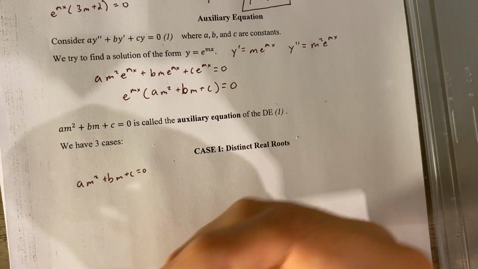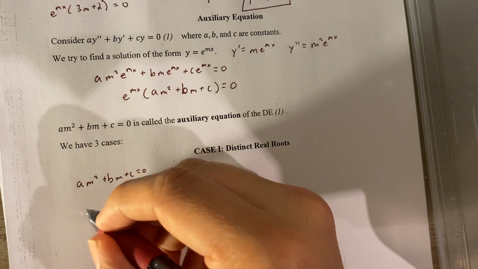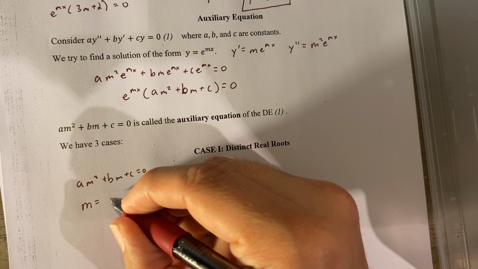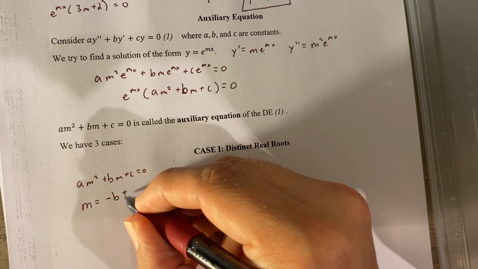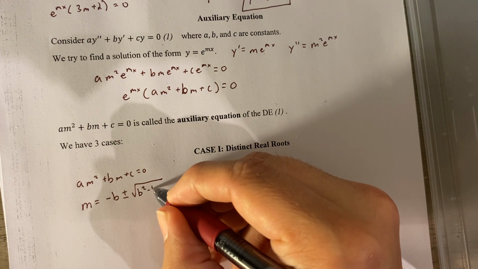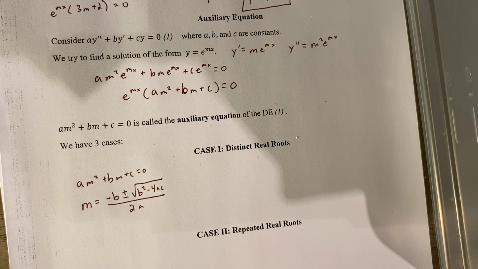So say we factor it and found some solutions, or we can always use the quadratic formula. So say we solved for m using the quadratic formula: m equals negative b plus or minus the square root of b squared minus 4ac all over 2a.